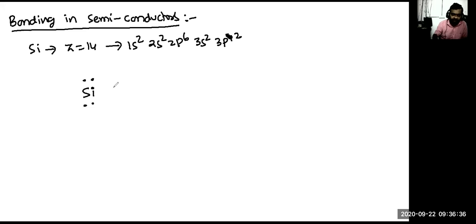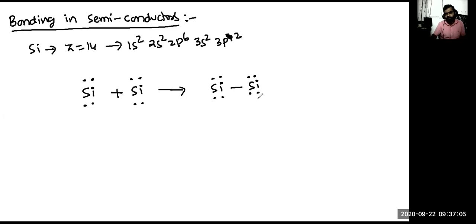If I add another silicon, the 4 electrons in the first silicon atom will be mutually shared with the 4 electrons in the second silicon atom.